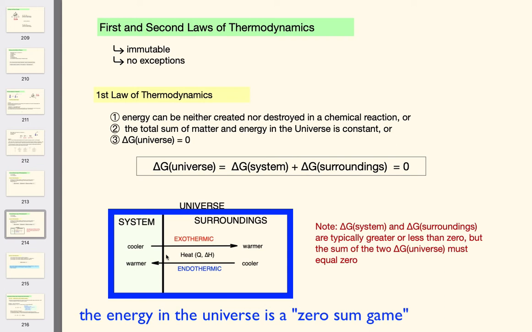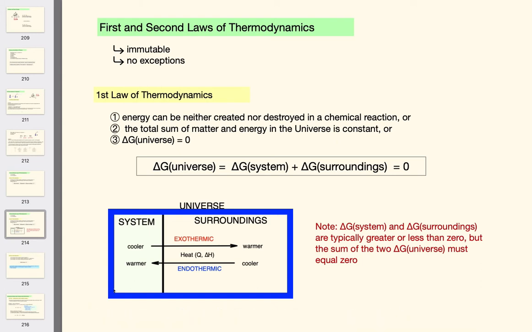So what this essentially means is I can shift heat all around, but no matter what I do, the amount of heat that's lost from my system has to be the same amount that's gained in the surroundings, and vice versa. And we give those processes, those energy shifts, names, but nonetheless, when you sum them all up, they have to equal 0, because this box, our universe, is only so big.